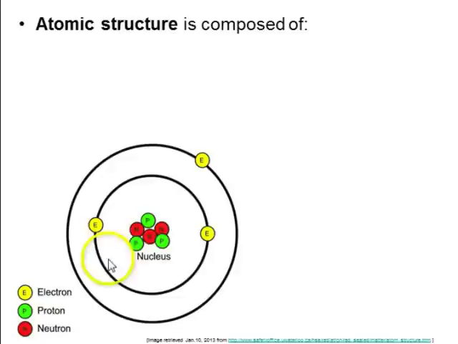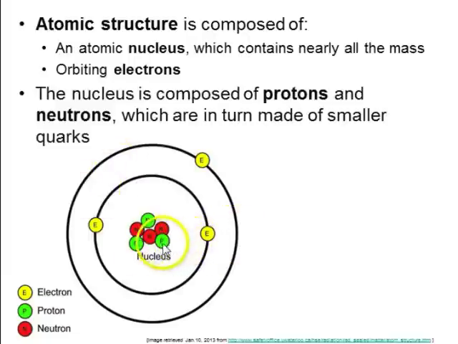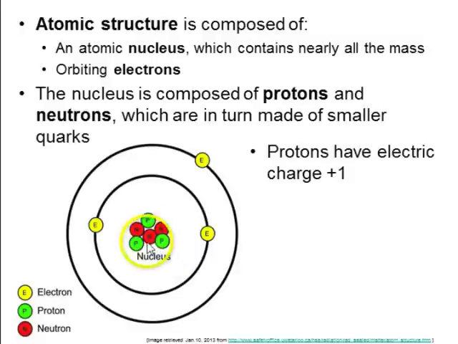So an atom actually has some internal structure. It contains a nucleus, which is even smaller than an atom, a very tiny part of the atom, which contains nearly all its mass. And the nucleus is surrounded by orbiting electrons. In the nucleus are neutrons and protons, which in turn are actually made of smaller quarks.